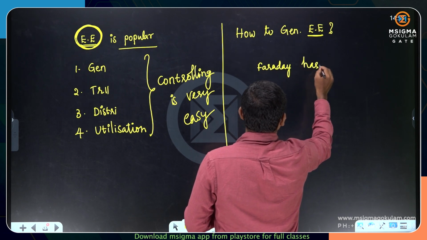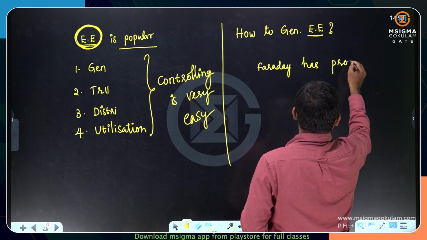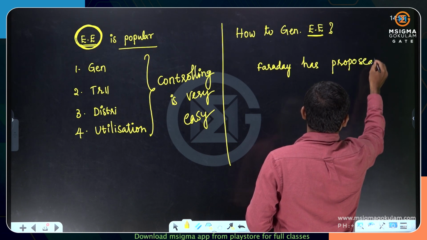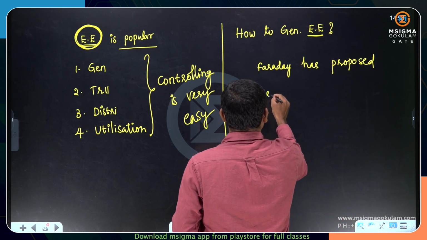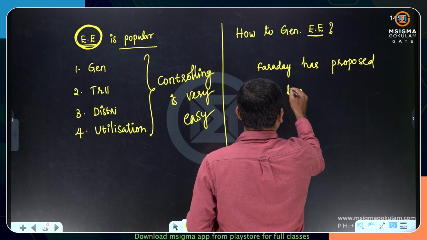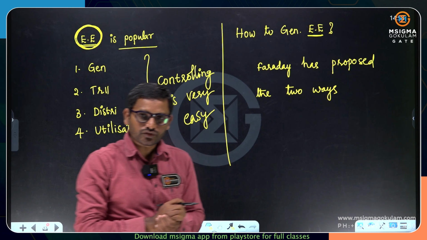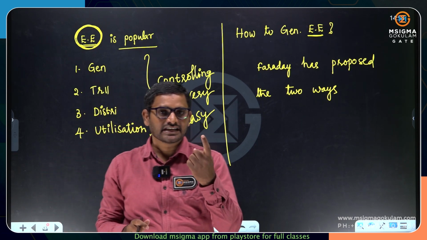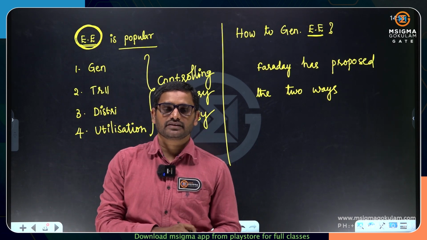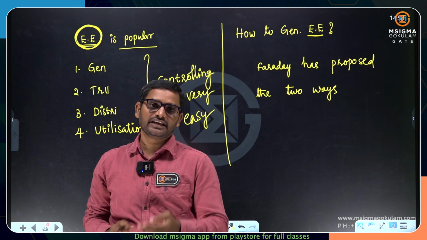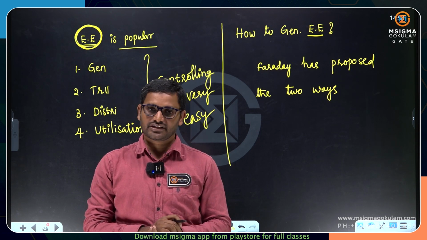Faraday has proposed the two ways. What are the two ways? One is the stationary induced EMF method, another one is the dynamically induced EMF method.